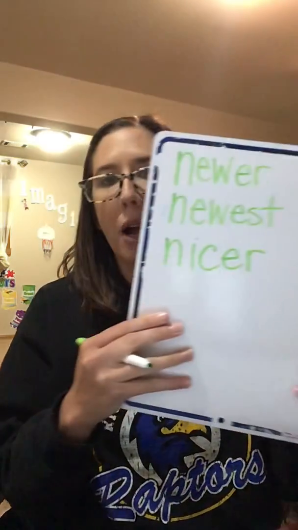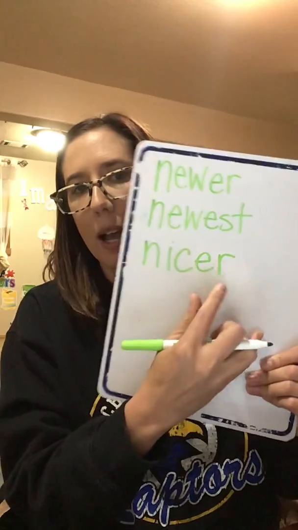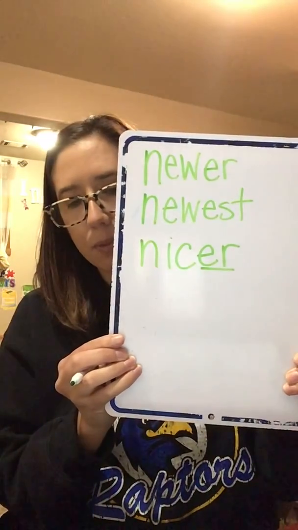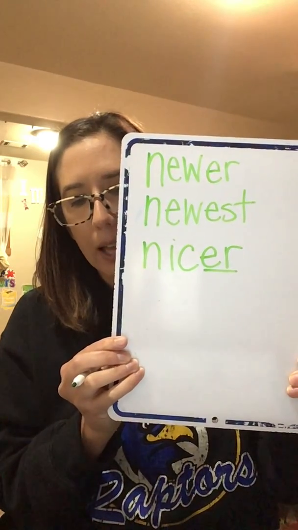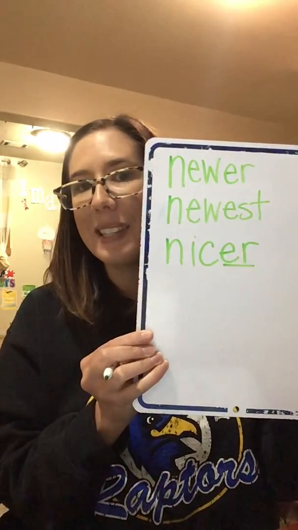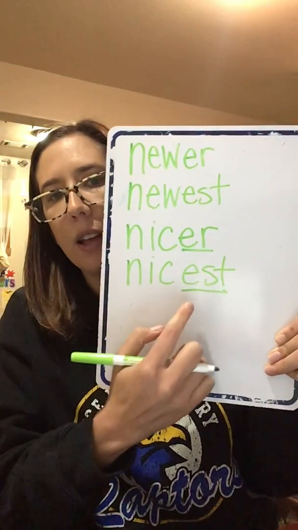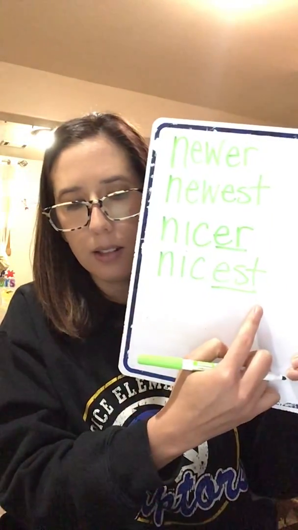So if I'm writing nicer, I do not need a double E. I drop my bossy E and add my ending. Nicer. And now make it nicest. Drop your bossy E and make it EST. Nicest.